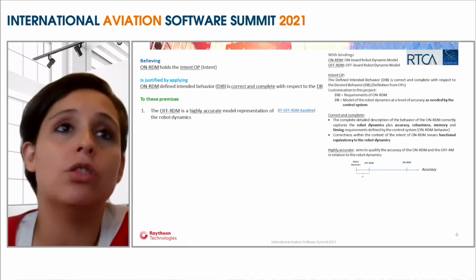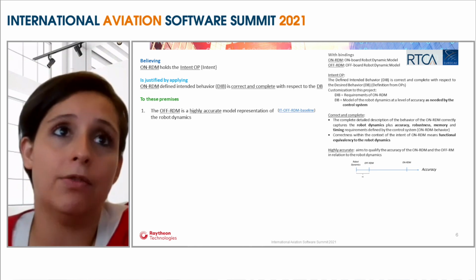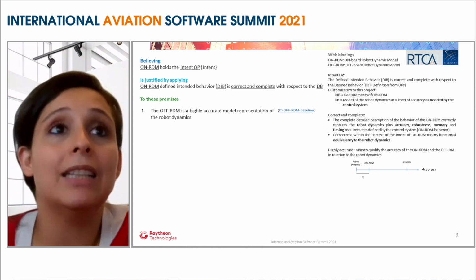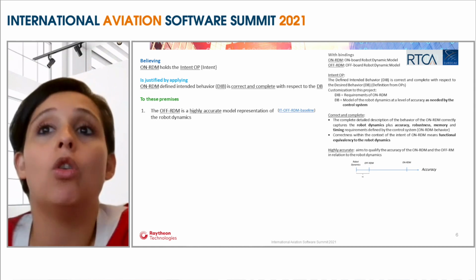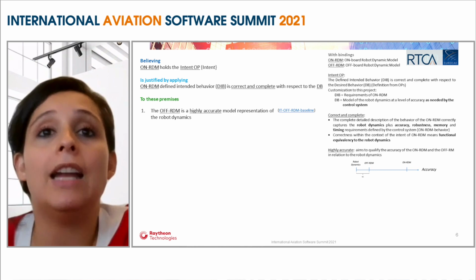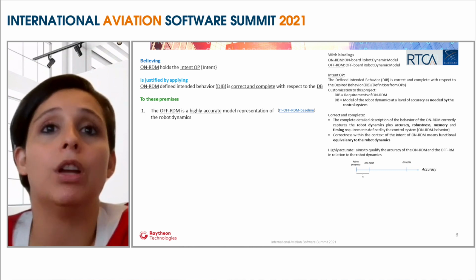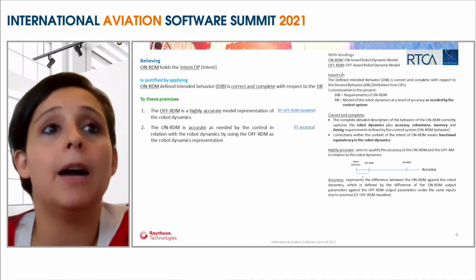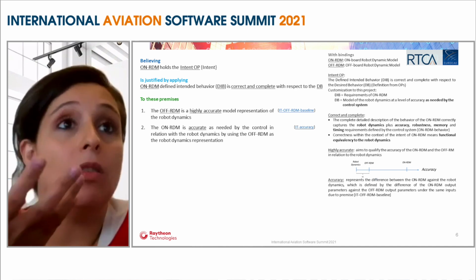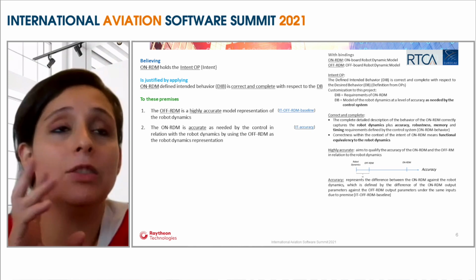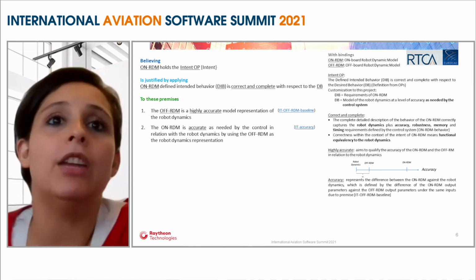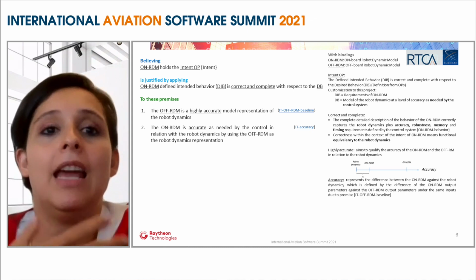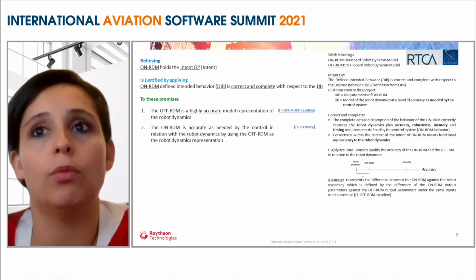However, we cannot use that on an onboard platform because of restrictions on processing time and also on resources. That is the reason why we require this onboard model. But since we have this offboard model that is very highly accurate in relation to the robot dynamics, we can use it to calculate the accuracy of the onboard model.